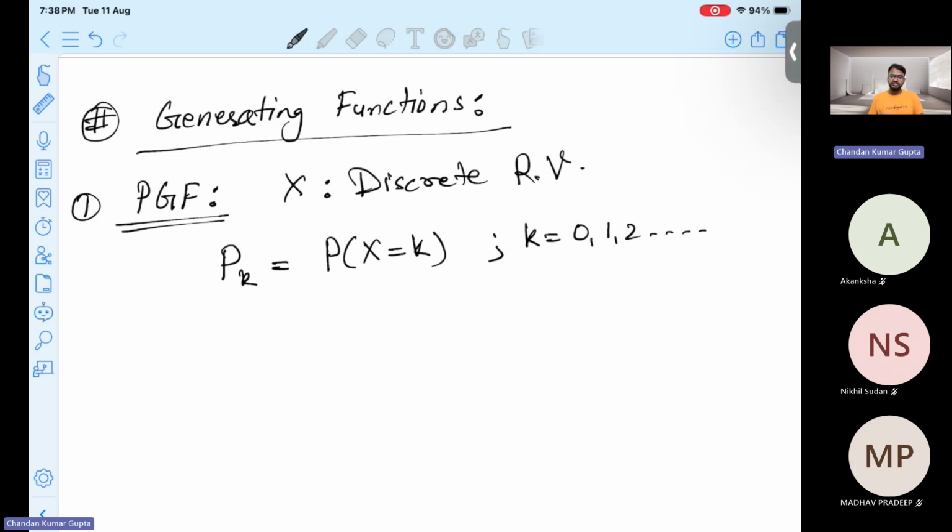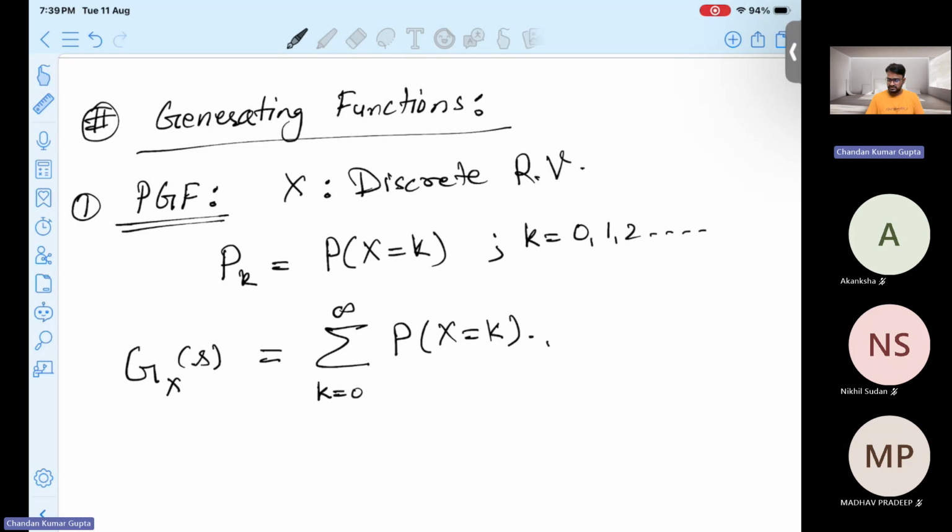Then the probability generating function, usually denoted as G_X(s), with the dummy variable s, is defined as the summation from k equals 0 to infinity of probability of x equal to k times s to the power k.